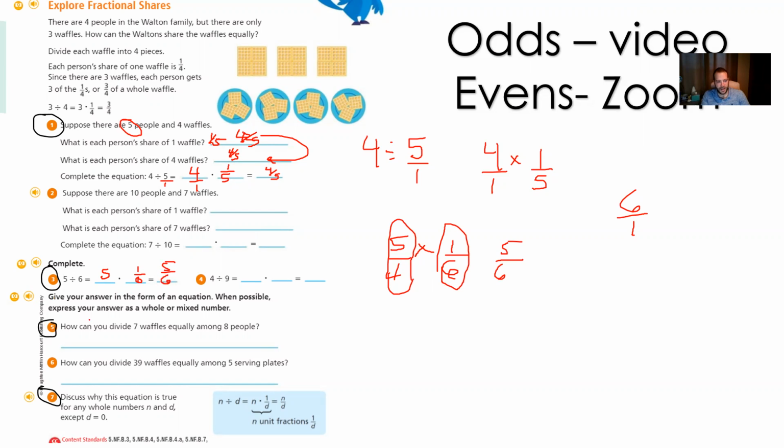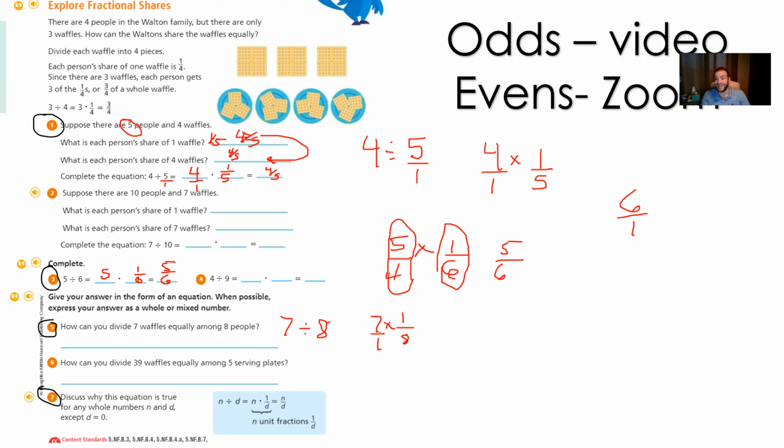Perfect. Number 5, can you divide 7 equally among 8 people? Sure we can. The first number that you say is what you are dividing. You're dividing 7 waffles, and you are dividing it by 8, right? By 8 groups. So keep, change, and then remember, 8 flipped is 1/8, and 7 is 7/1.